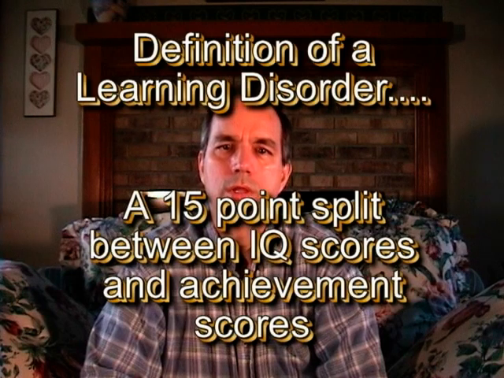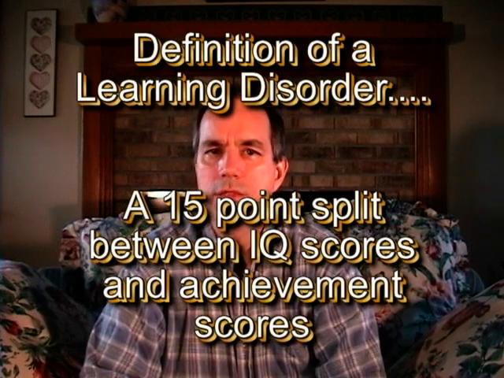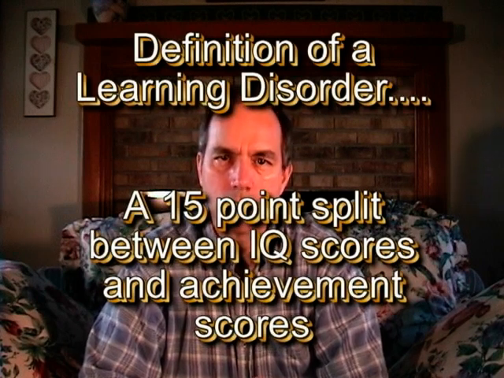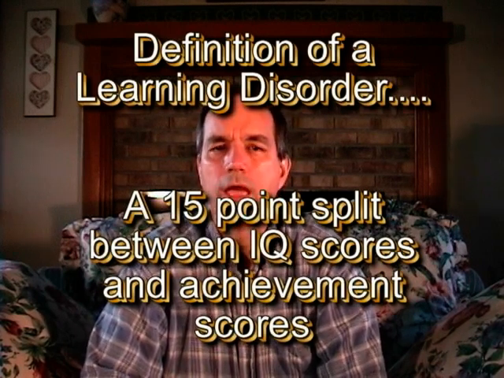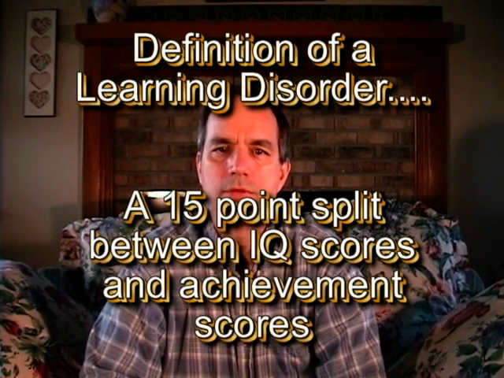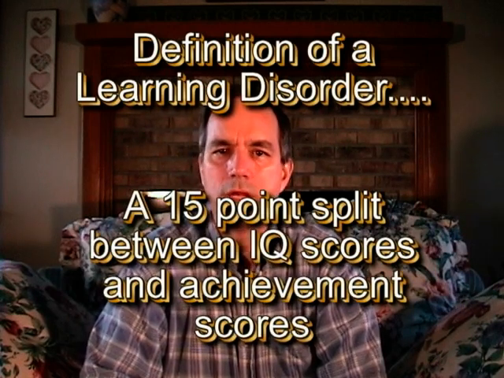A learning disorder is legally defined simply as a 15-point split between a person's intelligence quotient, or IQ, and their specific achievement in a specific area. For a reading disorder, it's going to be reading. For a mathematics disorder, it's going to be in arithmetic or math.